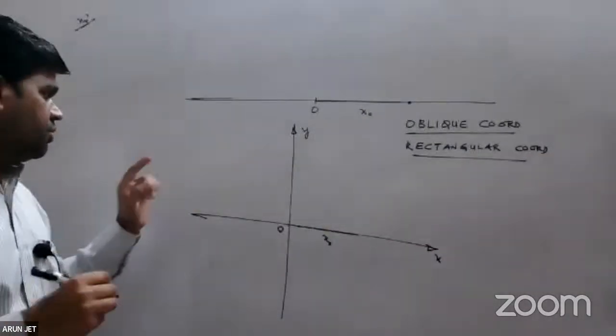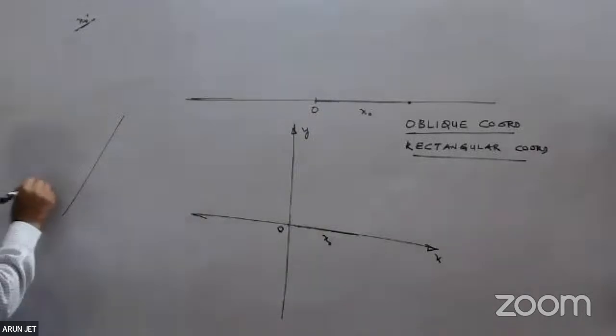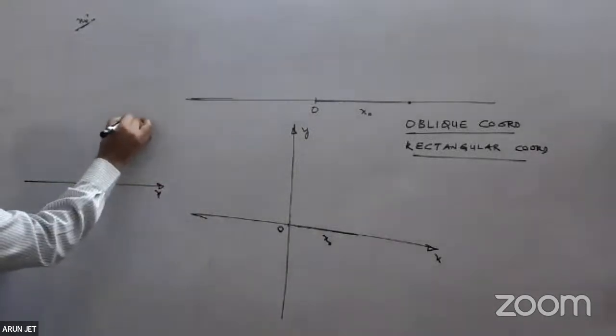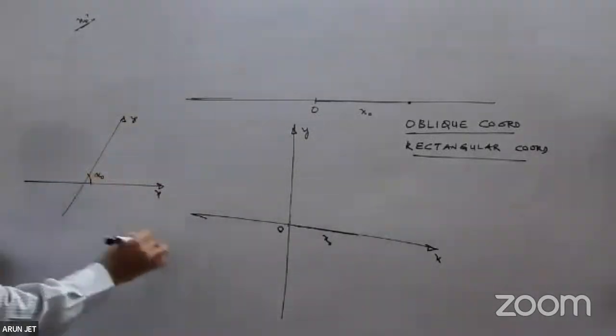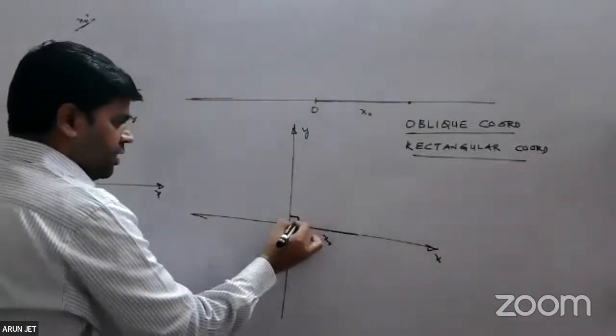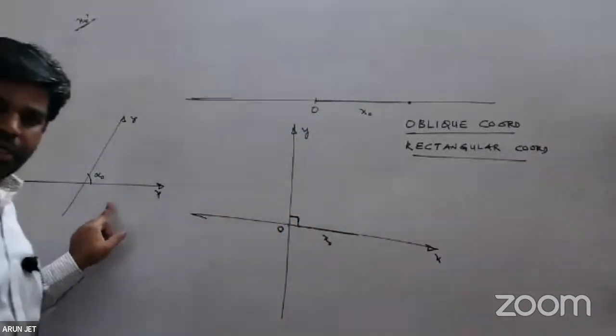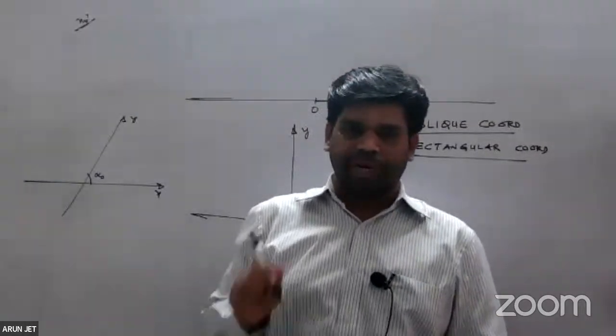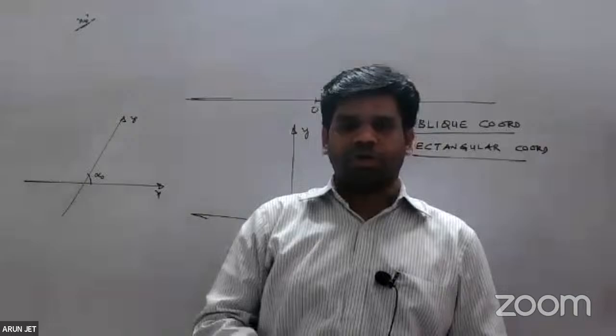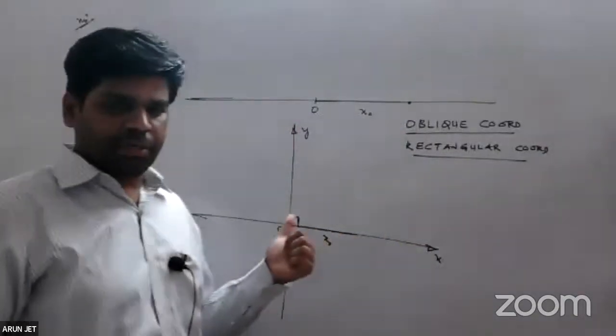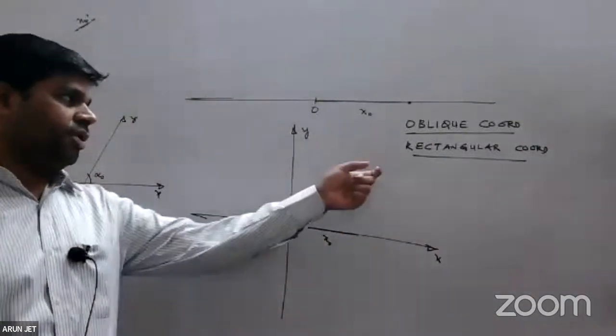So the previous ones are called oblique coordinates. These are called rectangular coordinates. It is very rare that we use oblique coordinates. There are one or two cases where we use oblique coordinates to solve problems, but mostly, in fact almost every time, we'll be using the rectangular coordinate system to spot a point on the plane.